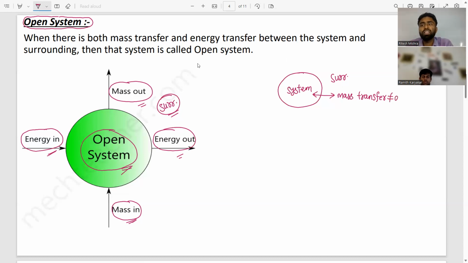And also there is energy transfer between the system and surrounding. This is also not equal to zero. That means energy transfer occurs between the system and surrounding. So that type of system is called your open system.